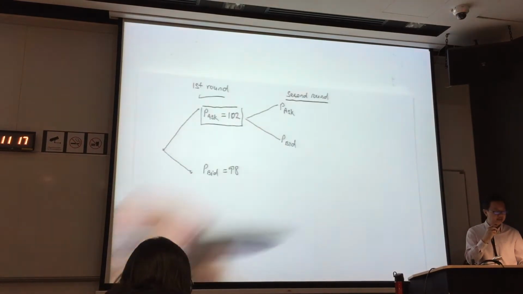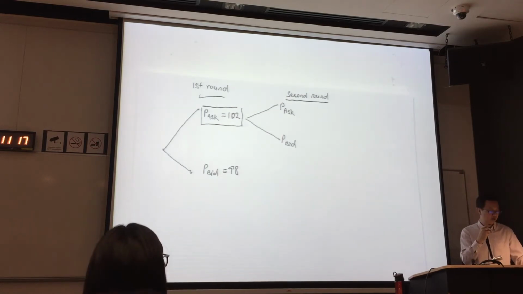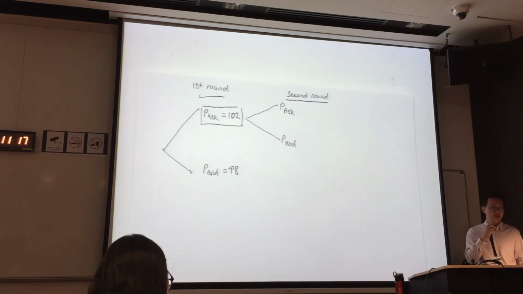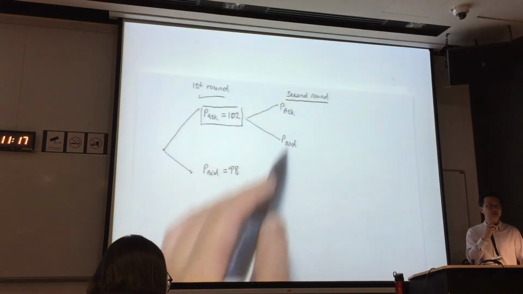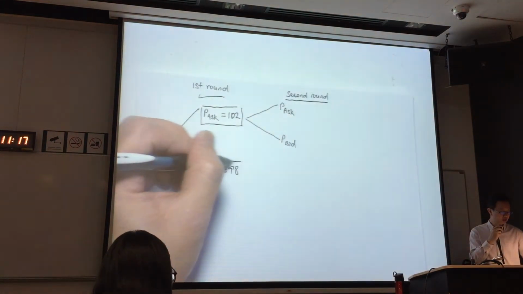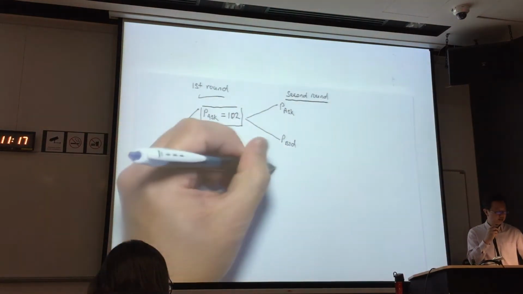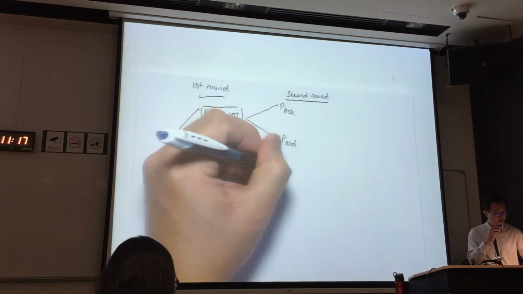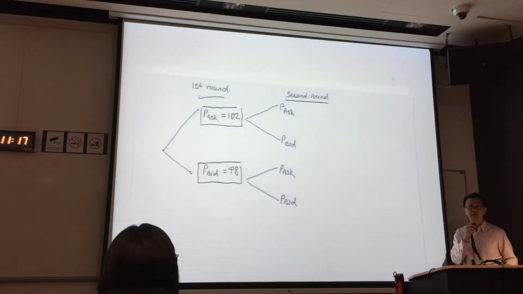But what will be the bid and ask quoted by the market maker for the second trade? Of course, this will depend on what the execution was in the first round. If the first round is at 102, this bid and ask is going to be different compared to if the first round is executed at 98, right? The bid and ask is going to be different, no?